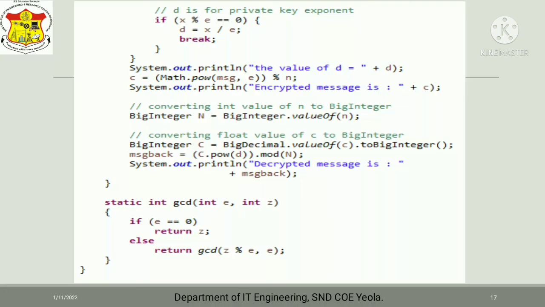Next, we have a function, that is GCD of two integers. First one is e and second one is z. GCD is nothing but greatest common divisor. If the GCD equal to 1, the numbers are said to be relatively prime.